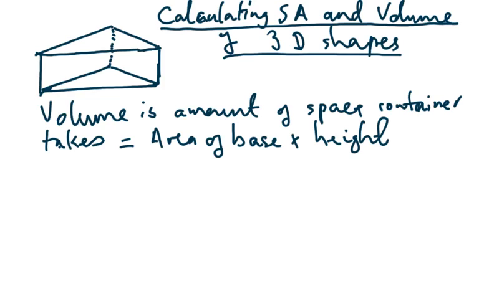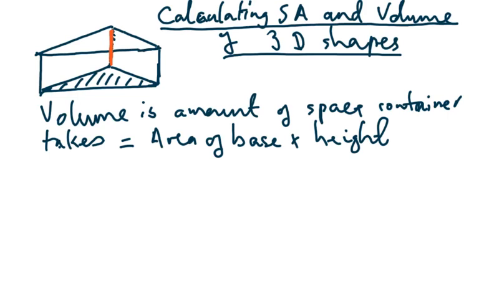So in our case, today we're talking about volume of a triangular prism. And in this particular prism, which I've drawn here, its volume will be found by the area of the triangular base multiplied by that perpendicular height.